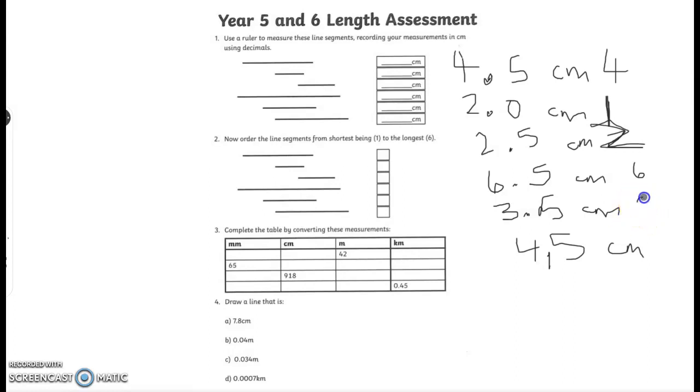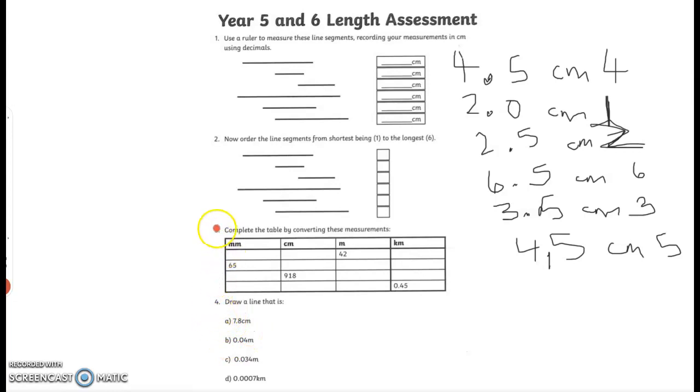The fifth one is the third one. And the last one is the 5th one. So here we have 1, 2, 3, 4, 5, 6. Shortest to longest. Very good, people.